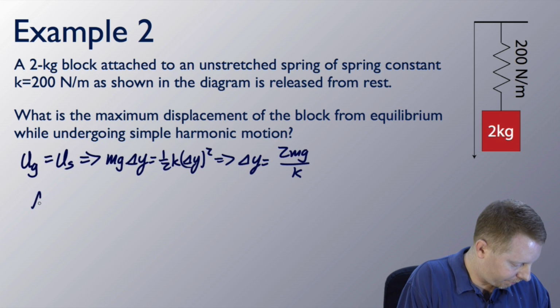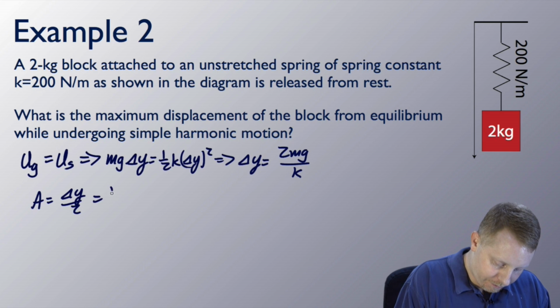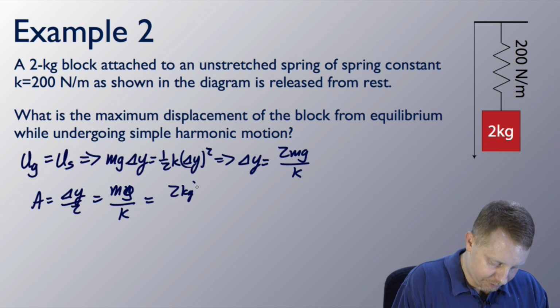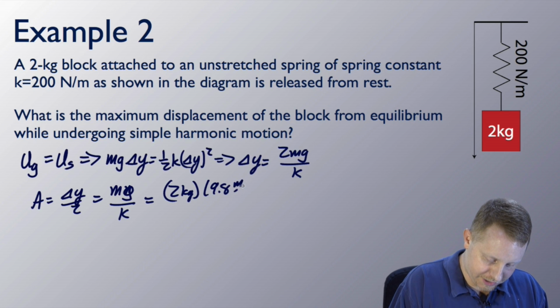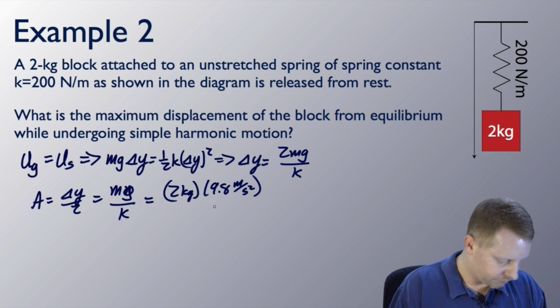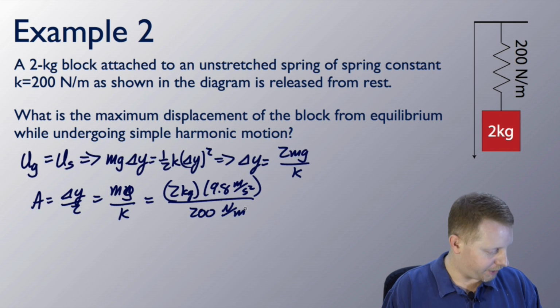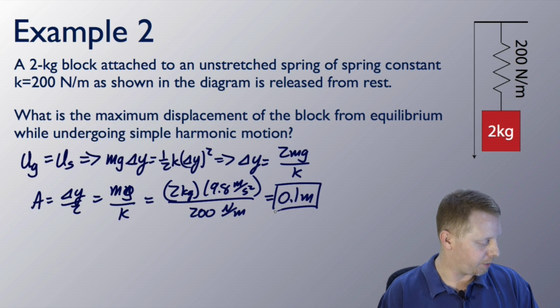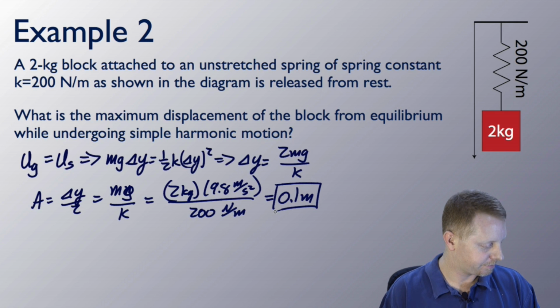So a equals delta y over 2, which is mg over k, or 2 kilograms times acceleration due to gravity, 9.8 meters per second squared, all over 200 newtons per meter, which is going to be 0.1 meter. So that's how much it's going to stretch in one direction.